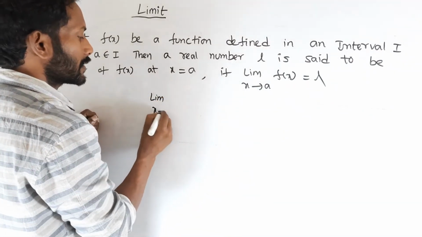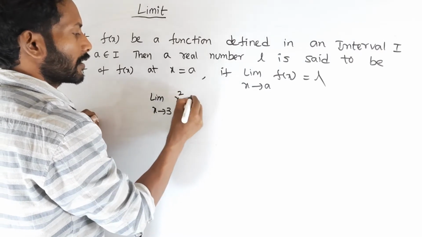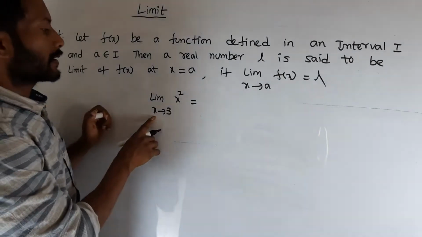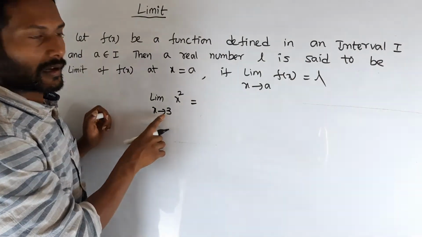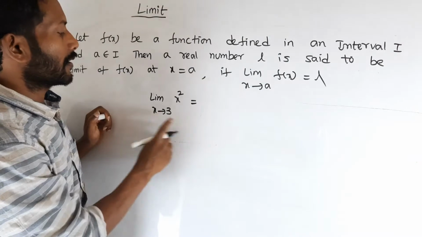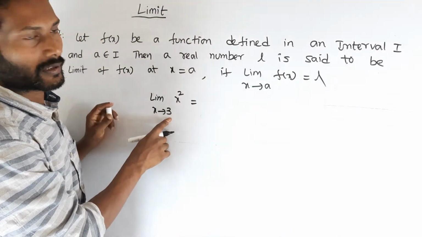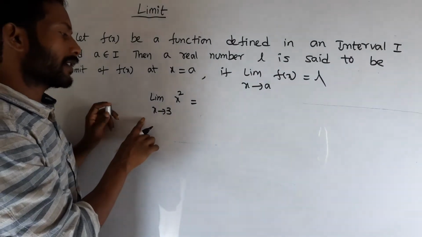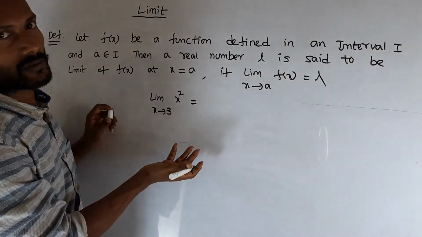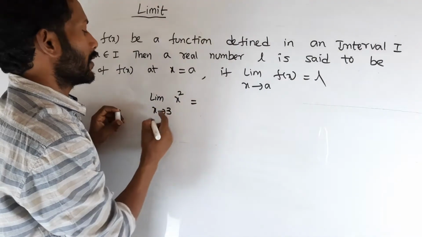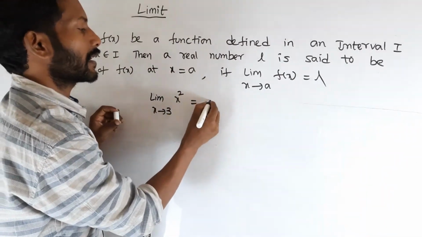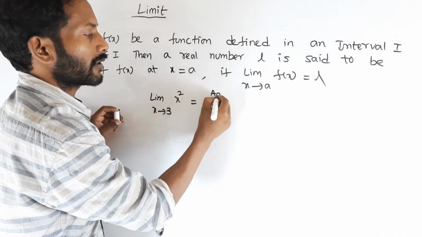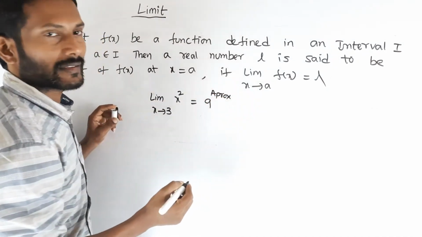Limit x tends to 3 of x square. Here x approaches 3, so x is close to 3, either from the left hand side or the right hand side. Now at x equal to 3, x square is 9, so here it is approximately 9, not exactly 9.